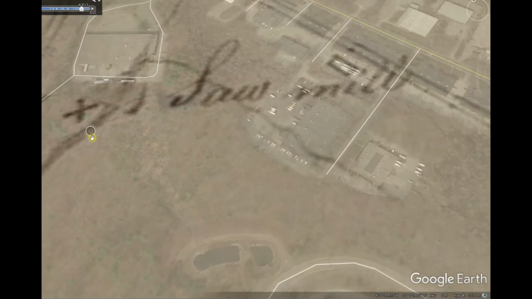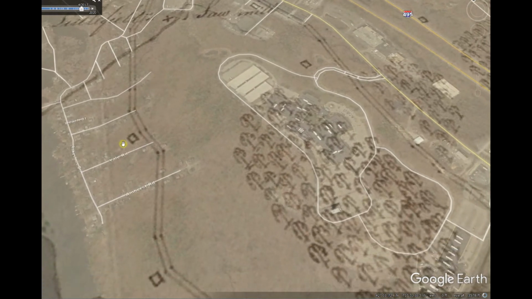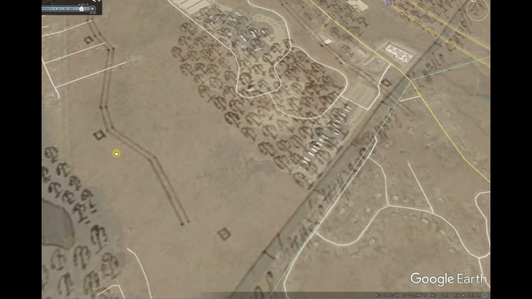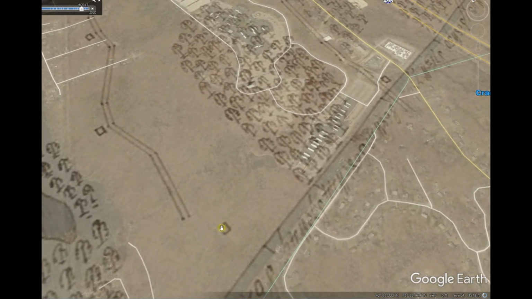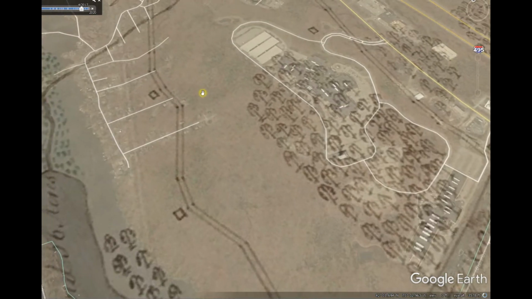And then as we go further south on the original Old Town Road, we see we've got a structure here and a structure here and another structure here. And these are three farmsteads that were on Old Town Road going back to the 1700s.